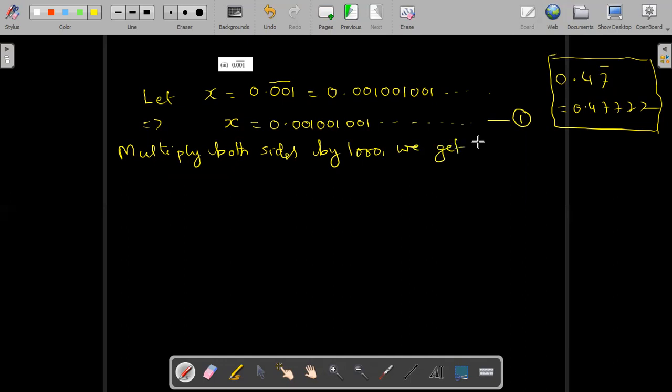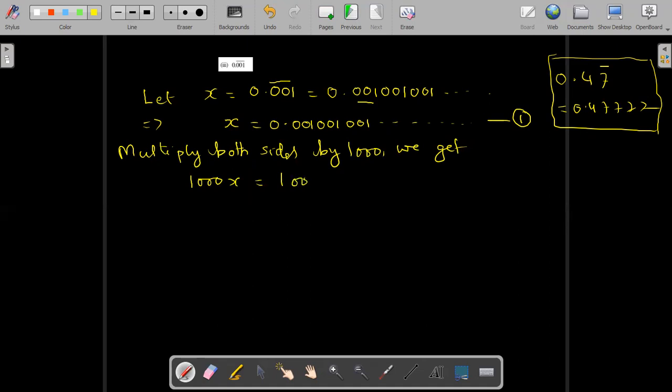So we always try to bring the repeated digits outside the decimal. So 3 digits, so we have to multiply by 1000 to get out 3 digits.